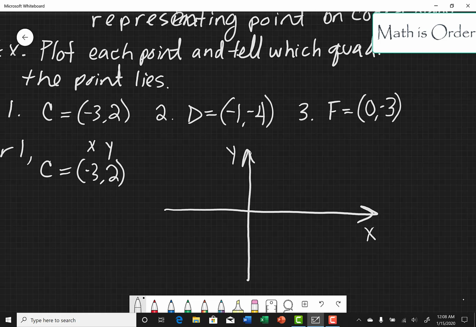So let's go ahead and divide the coordinate plane up. Get some values up here. Let's say we're counting by ones.